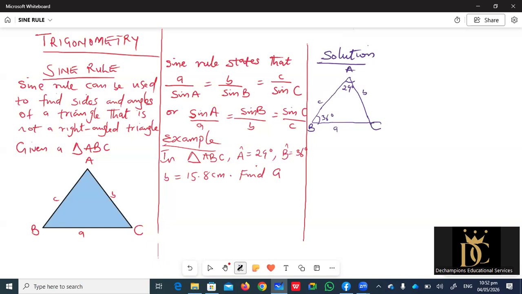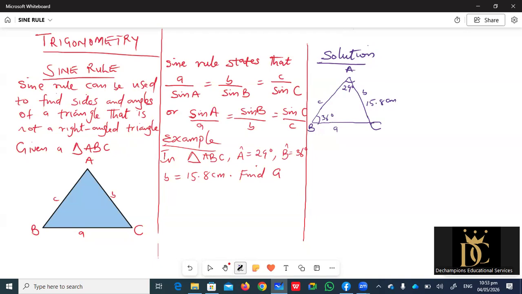So here will be 15.8 centimeters. So now we can go ahead to find our side a. If you look at this, we are given two angles, angle A and angle B, and one side, side b. So we can find side a.